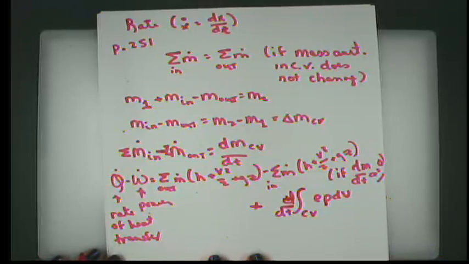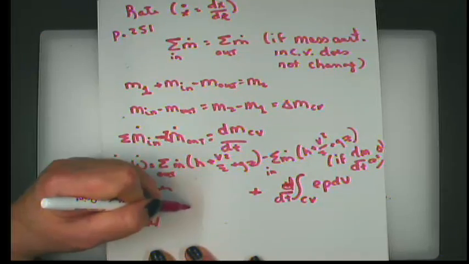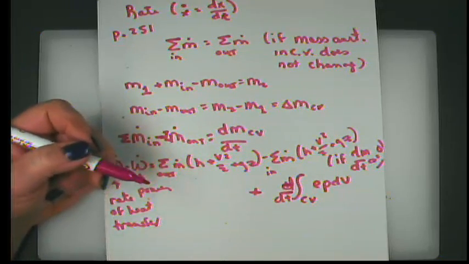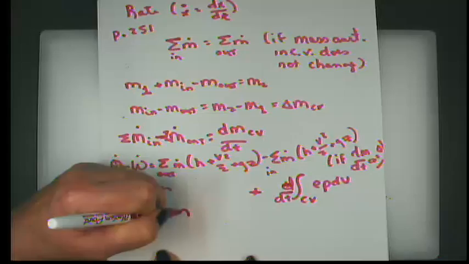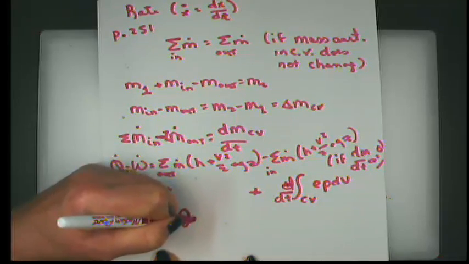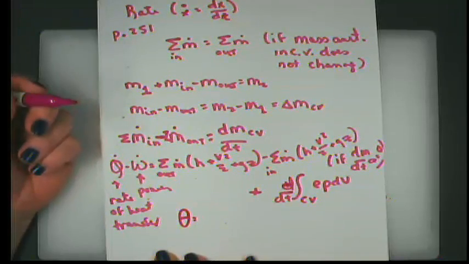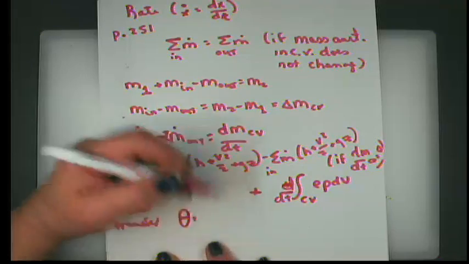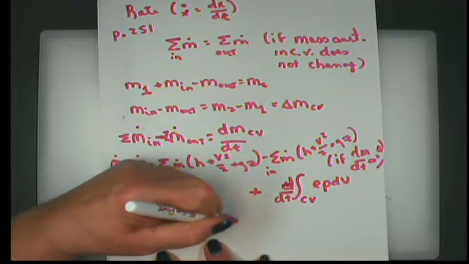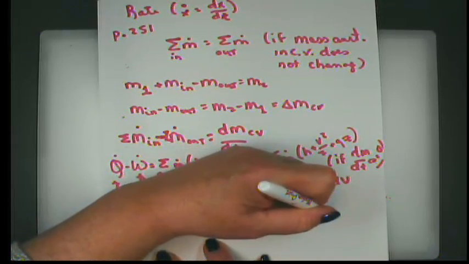All right, now the introduction of one other variable. Actually, there's two, but one of them is not shown on this page. That's all right, we'll talk about that in just a second. We use the letter theta, and we introduce that as being the total energy of a flowing fluid, or flow energy, and it's per unit mass.